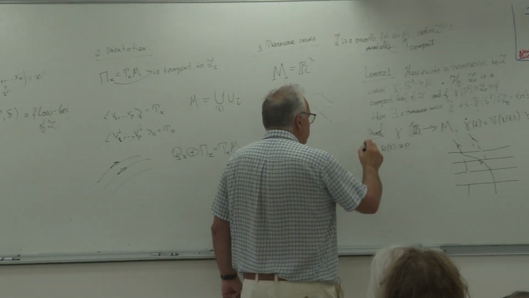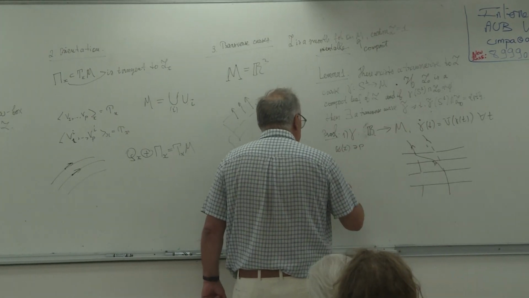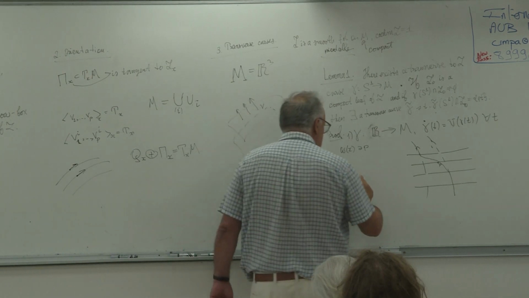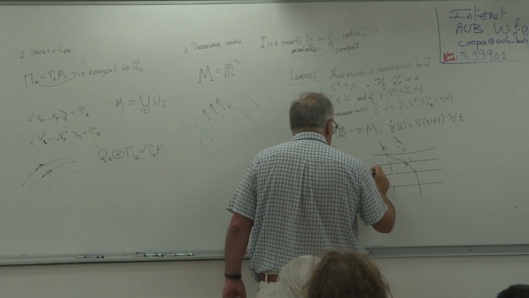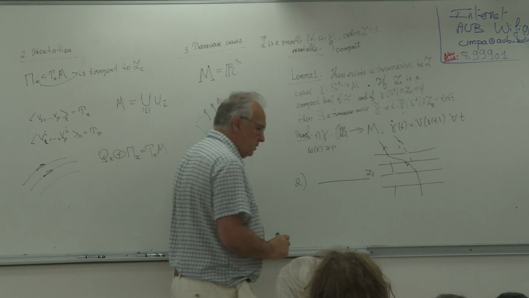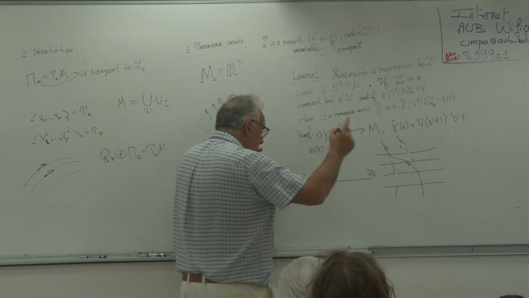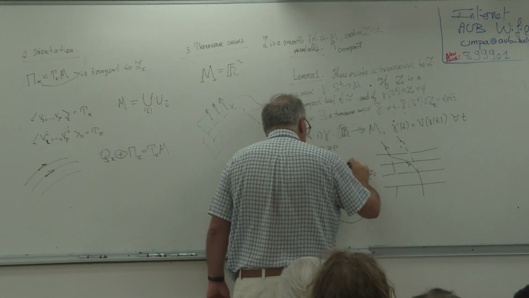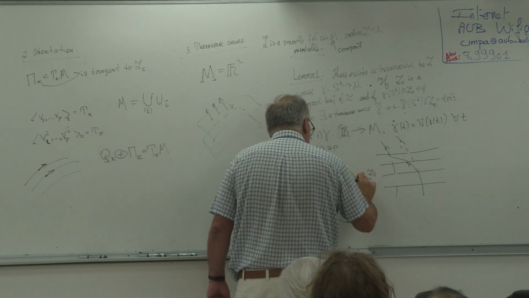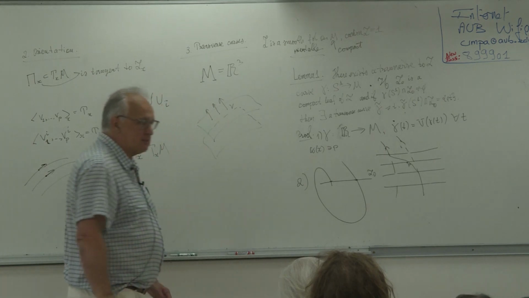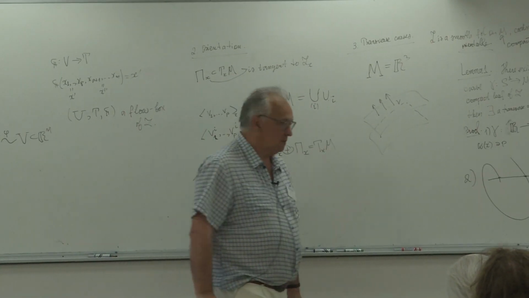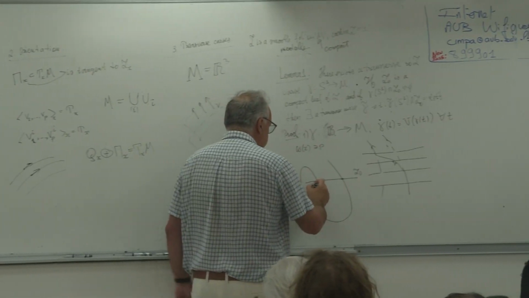So this was the first point. Second point, you have a compact leaf, L0. And now you have a transverse curve which intersects L0, and suppose by more than 1 point. But then you can do the same.